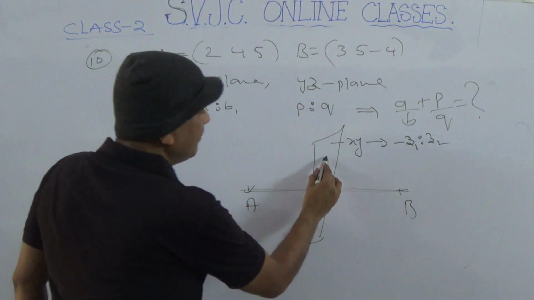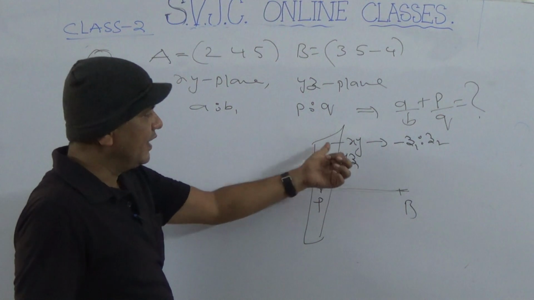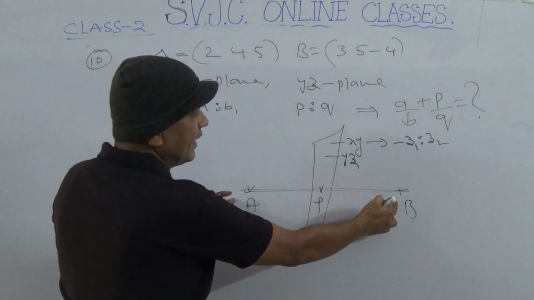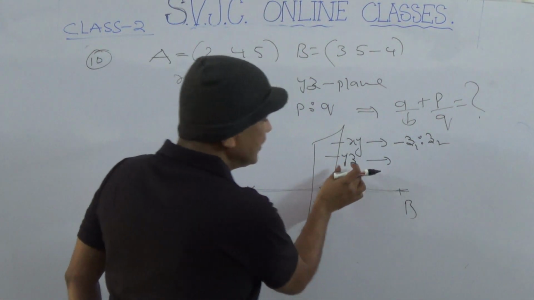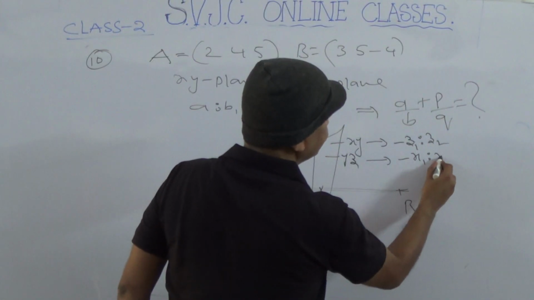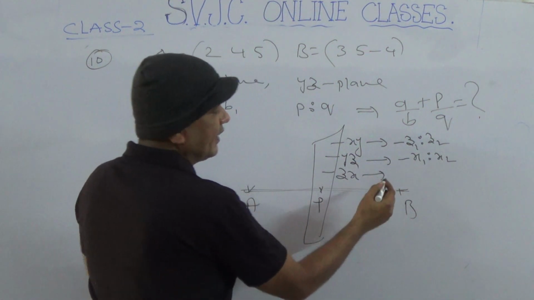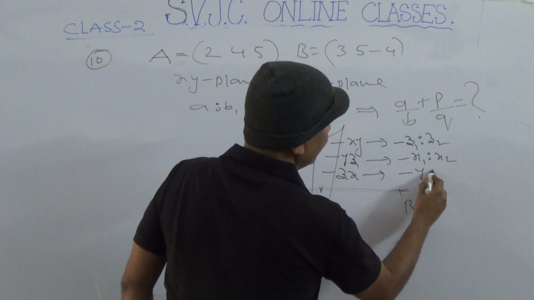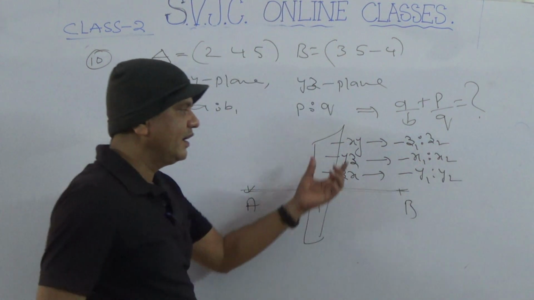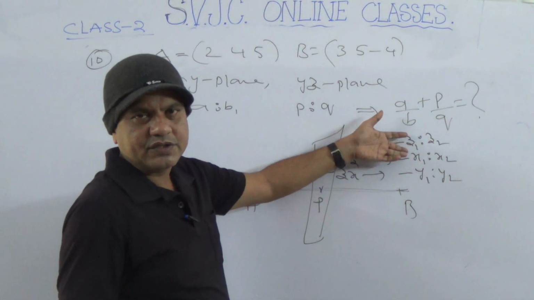Similarly, the YZ plane divides the line segment AB in what ratio? Minus x1 is to x2. Similarly, the ZX plane divides the line segment AB in the ratio minus y1 is to y2. That means the coordinate planes divide the line segment AB in the given ratios.